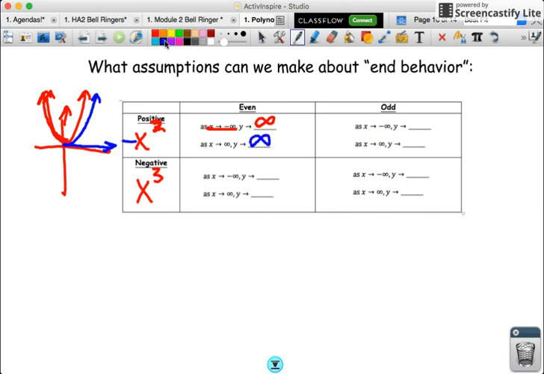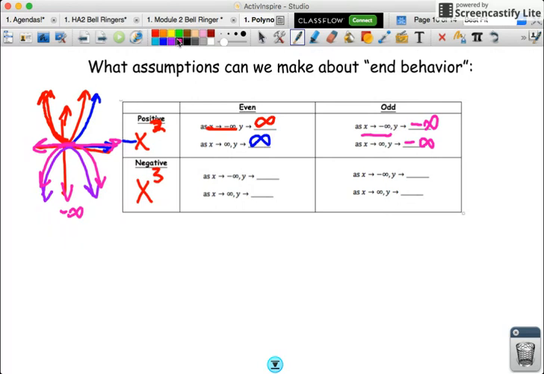Now if I made this a negative x squared, now I'm going down, down. So as I'm approaching negative infinity, as my x values are going this way, I'm also going down. So this would be towards negative infinity. And because they're both going the same direction, as my x goes towards positive infinity, my y is also going towards negative infinity.